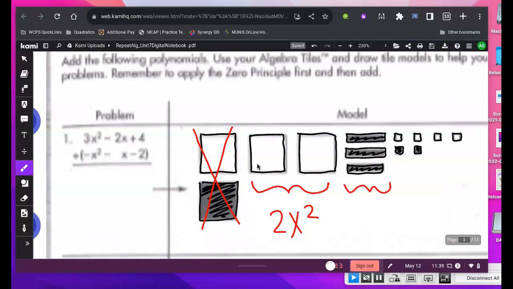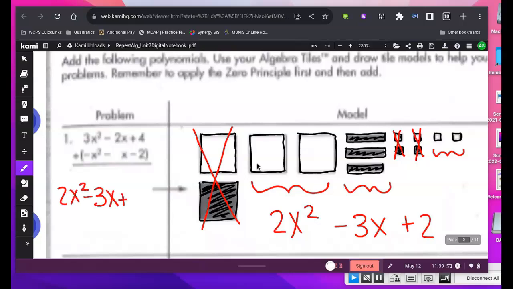So that's how many negative x's? 3 negative x's. And then I can cross these out because that's 1 positive and 1 negative. I can cross those out because that's 1 positive and 1 negative. So how many positive ones do I have? So plus 2. So our final answer, we're going to write 2x to the second power minus 3x plus 2.